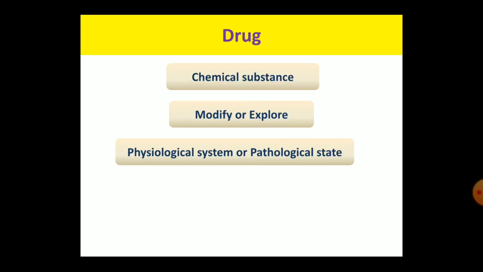So drug is a chemical substance which modifies or explores the physiological system or the pathological state. But think: if any chemical agent modifies or explores the physiological system or the pathological state, can we call it a drug? Something is missing, and that is that the modification or exploration should be for the benefit of the recipient. So drug is any chemical substance which can modify or explore the physiological system or the pathological state for the benefit of the recipient.